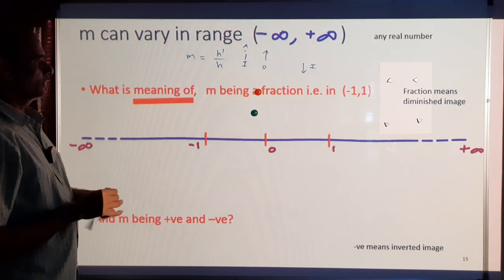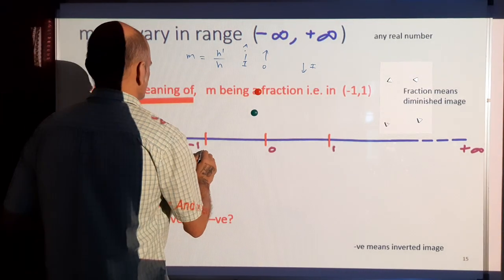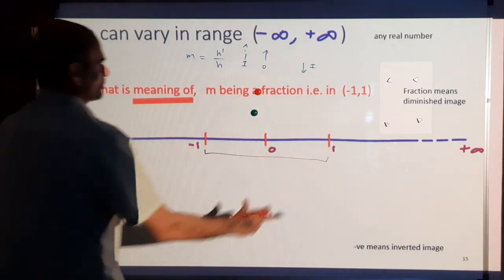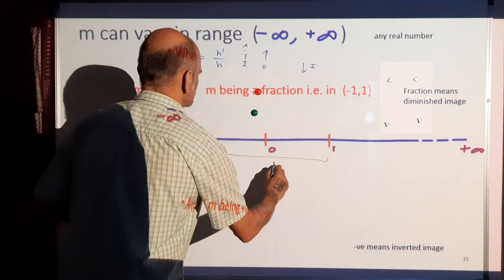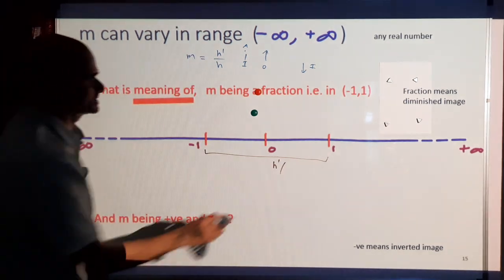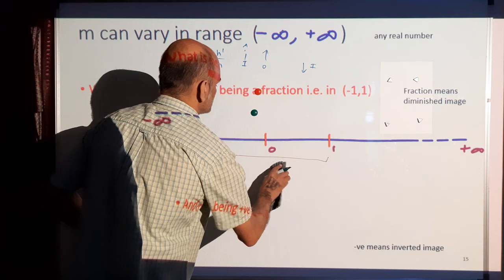So the meaning of magnification between minus 1 and plus 1, that's magnification is a fraction. It can be positive fraction or negative fraction. In this case, h prime image size is less than the object size. So it's a diminished image.